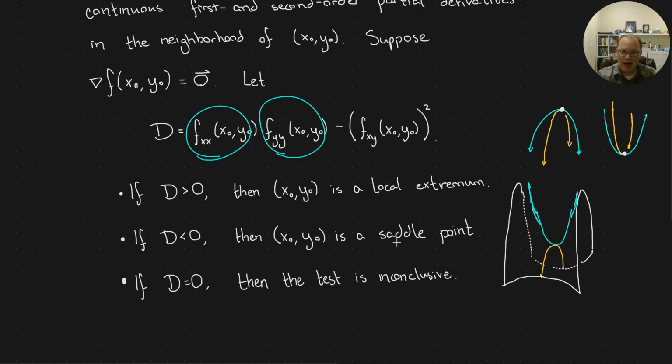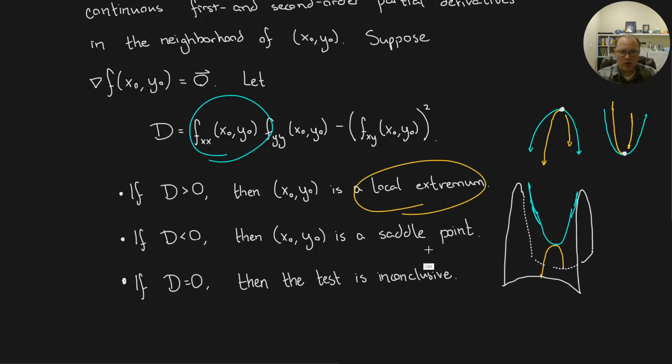We know that they will have the same sign. So once we know we have a local maximum or a local minimum, if, say, in the x direction we have a positive second derivative, that would mean that we have a local minimum there. Okay, so once we know we have one, we only have to look in one direction to identify whether it's a local max or a local min.